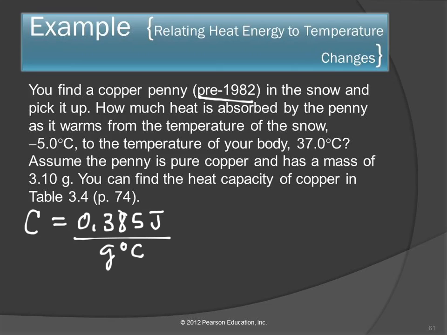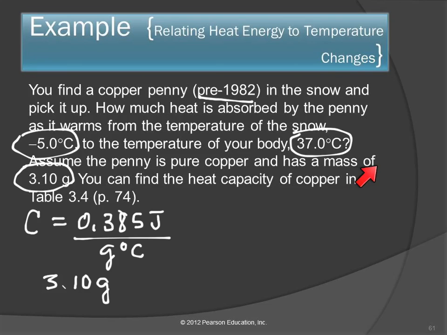We need these other numbers, though. 37 degrees Celsius, minus 5 degrees Celsius, 3.10 grams. And those are the numbers, right? So let's put these in here. 3.10 grams. That is the mass, right? It even says that right here. Mass of. Okay, so that is M. And then we've got two different temperatures here.